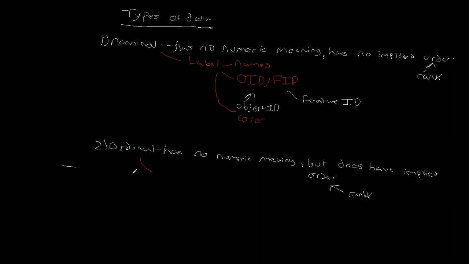And some good examples of ordinal are going to be things like ranked places, right? So for example, if you were to run a race, ordinal data might be which place you got. Were you first, second, third, etc.? Right.